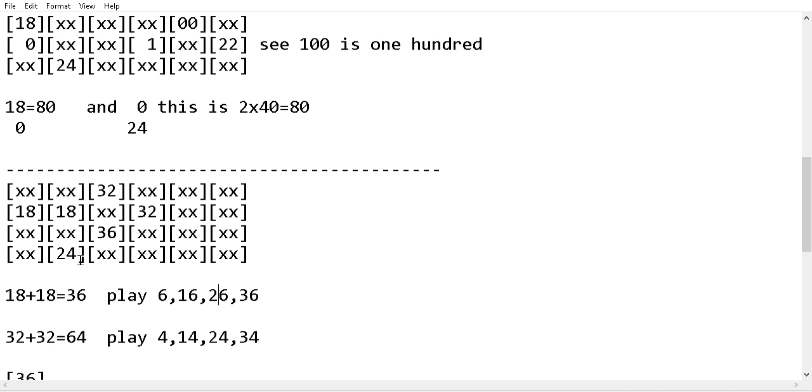And so in this case, you will want to bet, assuming that there's going to be a 4 to make 64, right? Because 32 plus 32 is equal to 64. You want to play all 4s just to be safe. And that would be 4, 14, 24, and 34. If you did that, you're going to hit on 24. You're going to hit on some number. In this case, it was 24.